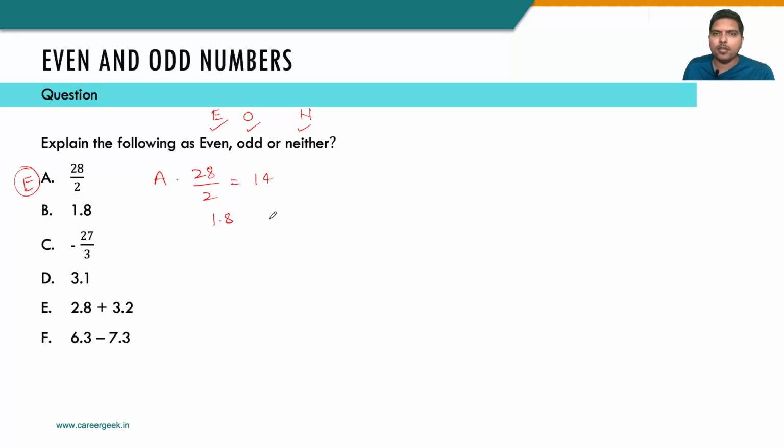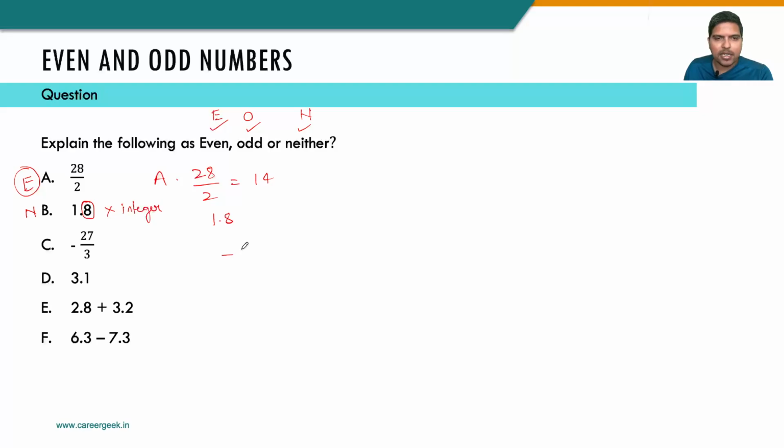Remember that for a number to be even or odd, it has to be an integer. It has to be an integer first. So this is not an integer. So irrespective of whatever is the last digit, it's always going to be neither. Remember, even and odd are integers first, okay? Then you bifurcate. If it's not an integer, then it's neither even nor odd.